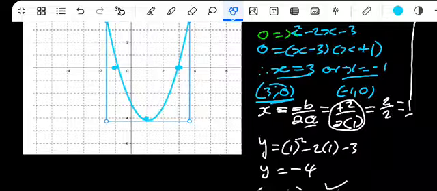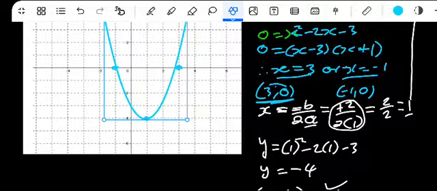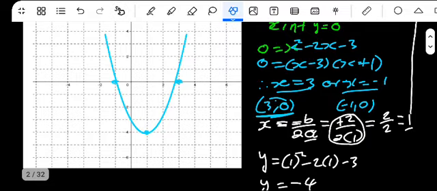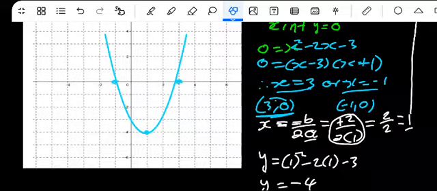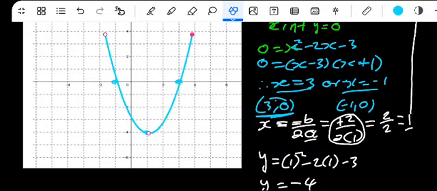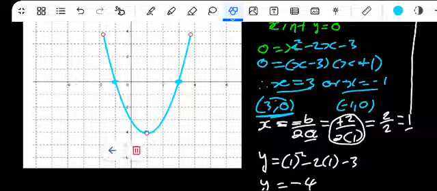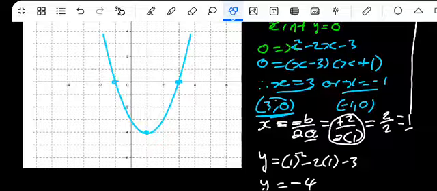Our turning point is there, and we'll cut the x-axis there at 3 and also at -1. So this is our parabola.